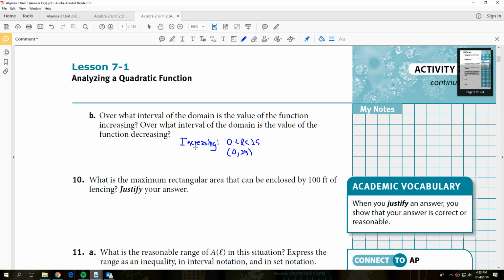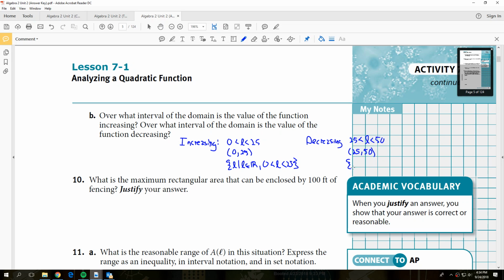And set builder, they don't actually tell us to do all that, but that's okay, we'll do it real quick. The set of L such that L is an element of all the real numbers, and L is between 0 and 25. And for decreasing, do the same thing. It's between 25 and 50, and the interval will be 25 to 50, not including.